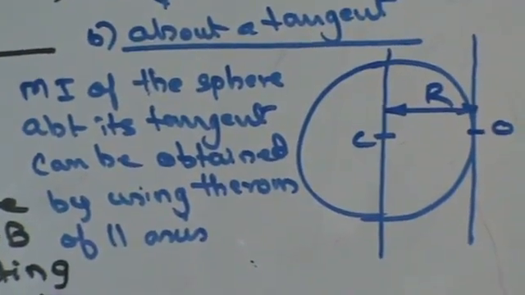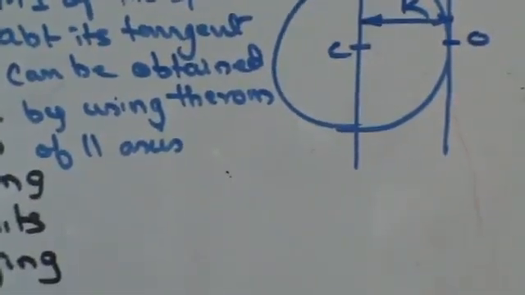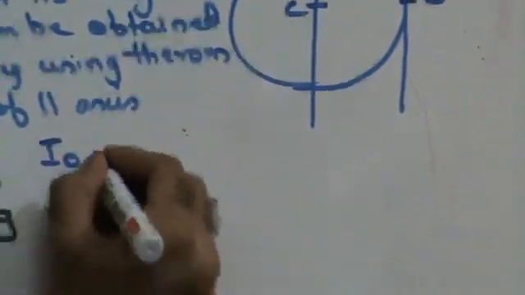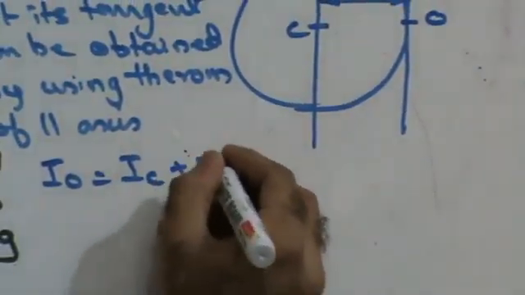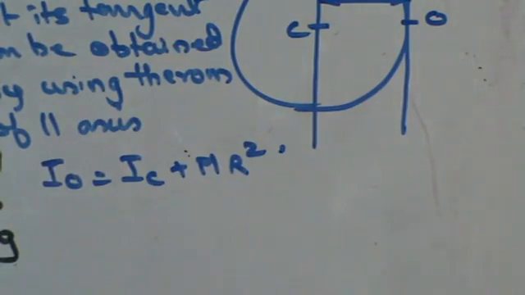In which case I can say that IO is equal to IC plus MR square, right?